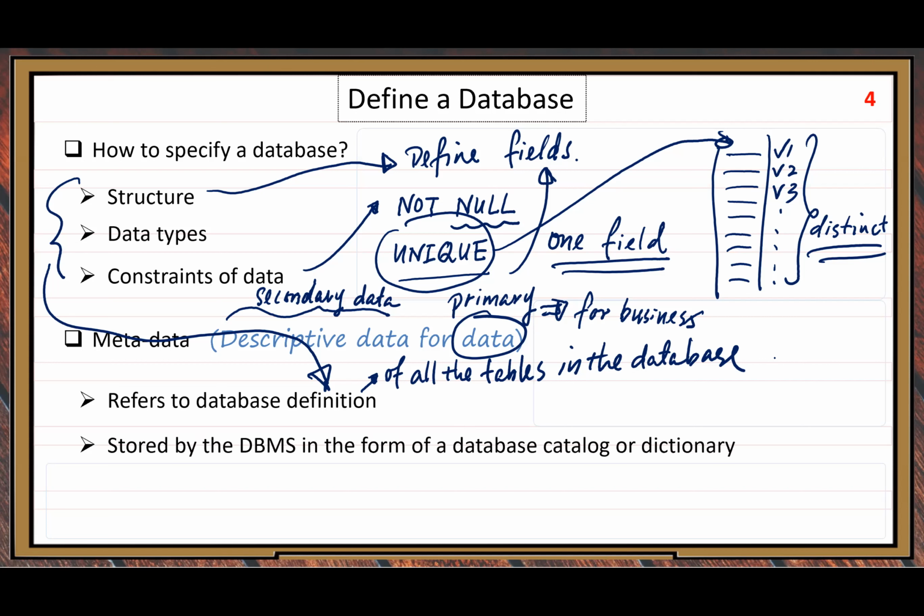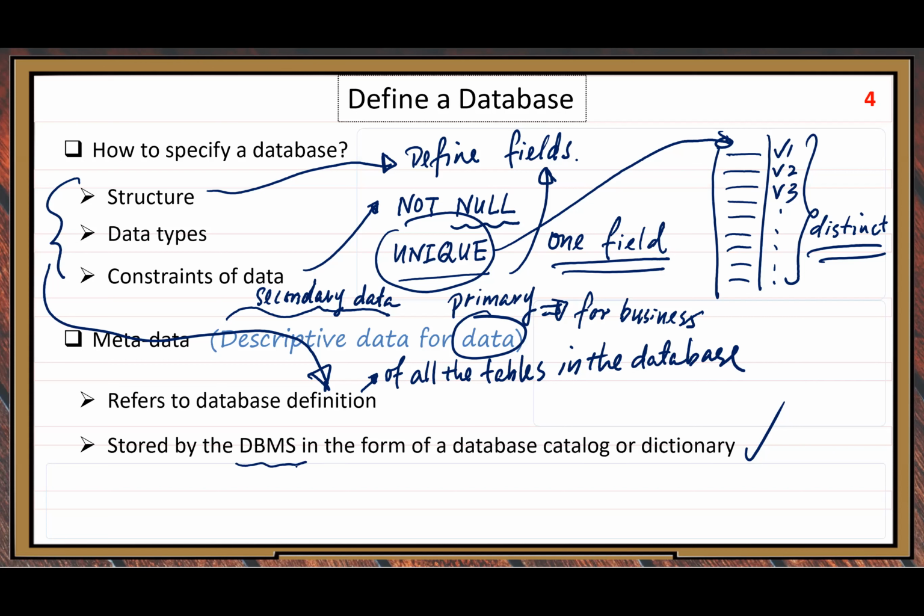Stored by the DBMS in the form of a database catalog or dictionary. Let me explain this sentence. In my next slide, I will use a picture diagram to explain it. So you will see the visual arrangement for this part. All right. Metadata is stored in the appropriate location by the DBMS.